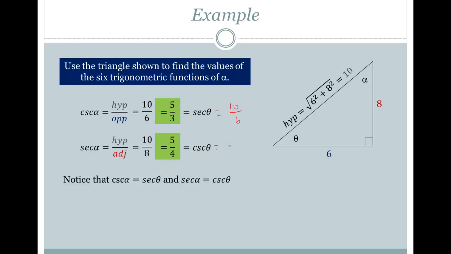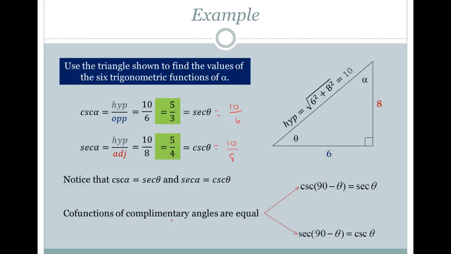Cosecant of theta is hypotenuse, 10, over opposite, which is 8. So again, we're seeing the same thing. Cofunctions of complementary angles are equal. So I can say that the cosecant of 40 equals the secant of 50, and I can do it for any angles that are complementary.